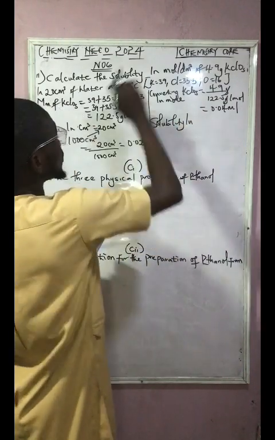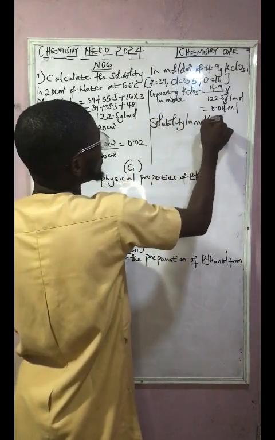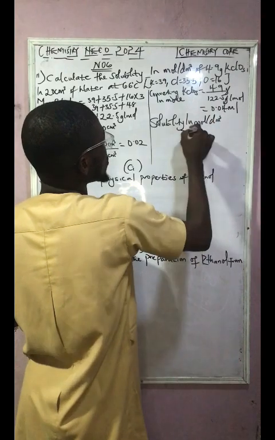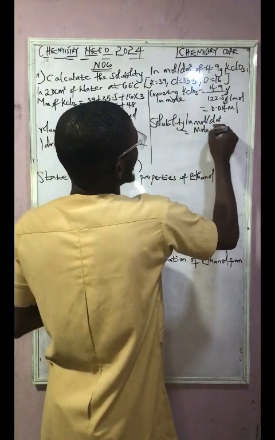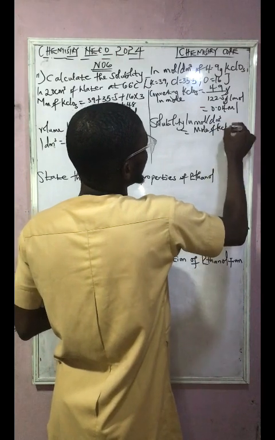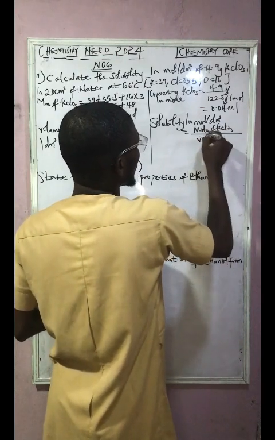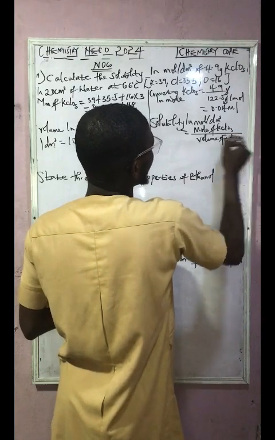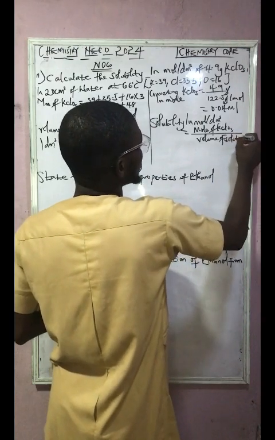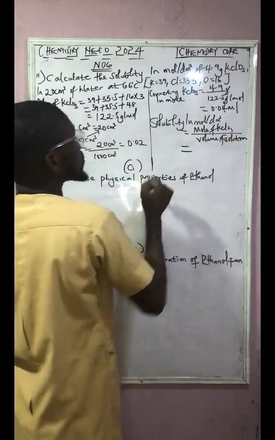So the next thing is solubility in mole per dm cube. So we have the mole of KClO3, potassium, and what? Volume of solution. So what is our volume of solution?